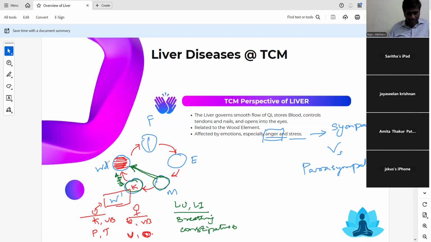If the wood element is weak, then automatically the flow of energy, chi, to the fire will be very less. In such cases, they will have anger, stress, all the emotional conditions. And in such cases, the heart, because it's the vital one, the autonomous nervous system directly directs the fire element to seek the help of the kidney or the water element.